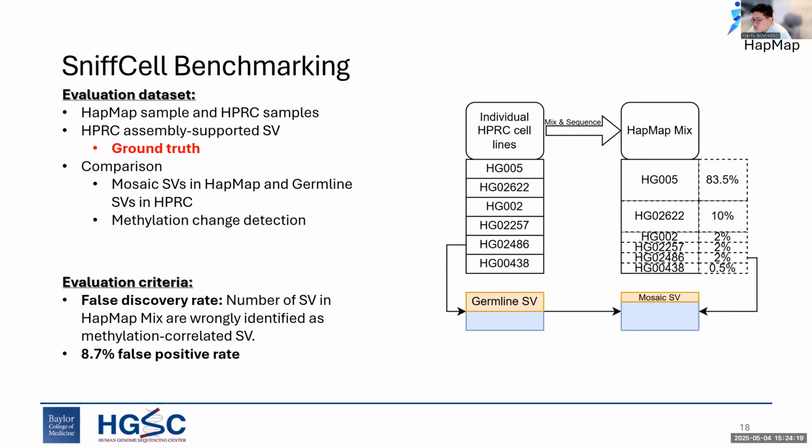This is a tricky thing to do because in the human mix, most of the mosaic SVs are only supported by around 5 to 7 reads, and we are comparing those with the rest of the reads, which are usually more than 90 reads. But even with this, we still achieve a decent false positive rate. The false positive here means our identified mosaic SVs that correlate with methylation changes in the human mix are not supported by the HPRC cell lines.